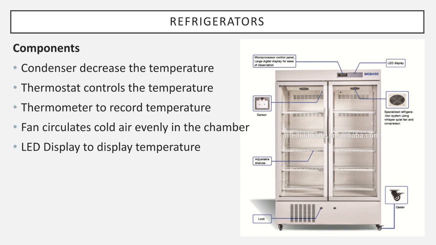So the components are a condenser which decreases the temperature, a thermostat which controls the temperature, a thermometer to record the temperature and show it in the display, a fan which circulates the air in the chamber, and an LED display to display the temperature. These are the components.